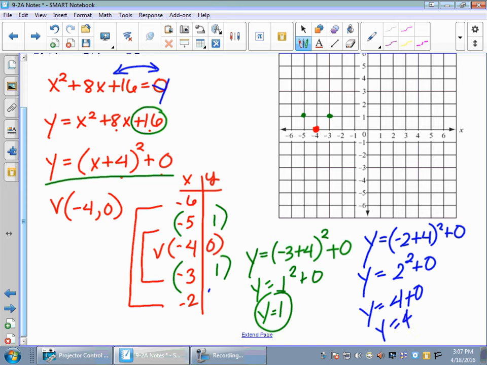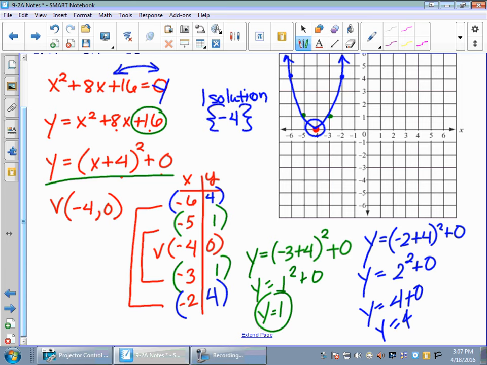And so -2, 4, and -6, 4. -2 goes up 4 units, and -6 is going to go up 4 units. So when it's all said and done, I'm going to connect my parabolic curve, and I can see the graph, and I can identify my solution. So I have one solution, and that solution is -4.